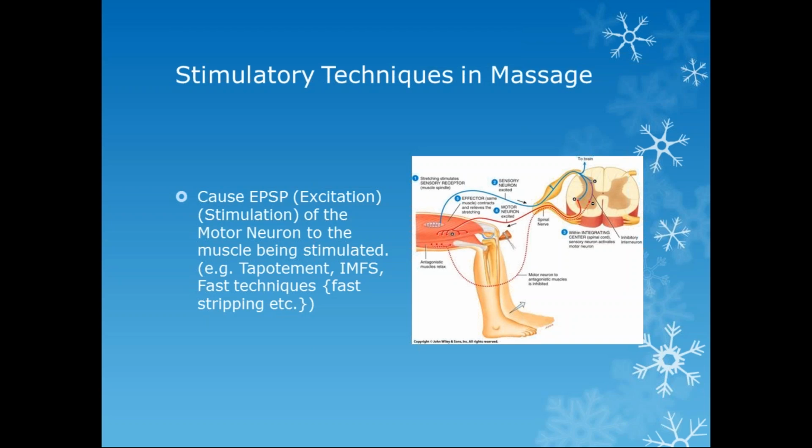You get some numbness, some tingling, etc. So you can get the brachial plexus where the hypertonicity is, say in the pec minor, and release that. But then you could do some fast stripping of the muscles that serve the wrist to get that strength back up. So sometimes we will do stimulatory techniques more distally for muscles that haven't been receiving as much stimulation because of a nerve impingement more proximally.